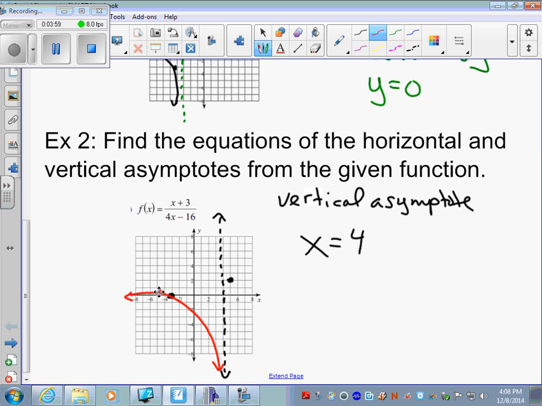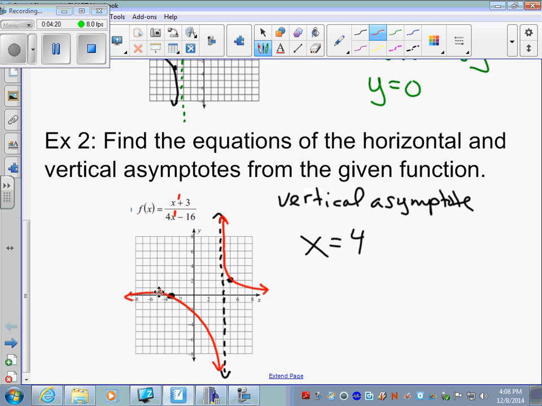Looks like there is a horizontal asymptote. How you find this horizontal asymptote is we look at the numerator's power. Here's x to the first, that's the biggest power, and the denominator's power, which is to the first also. In this one, both powers, numerator and denominator, are exactly the same.